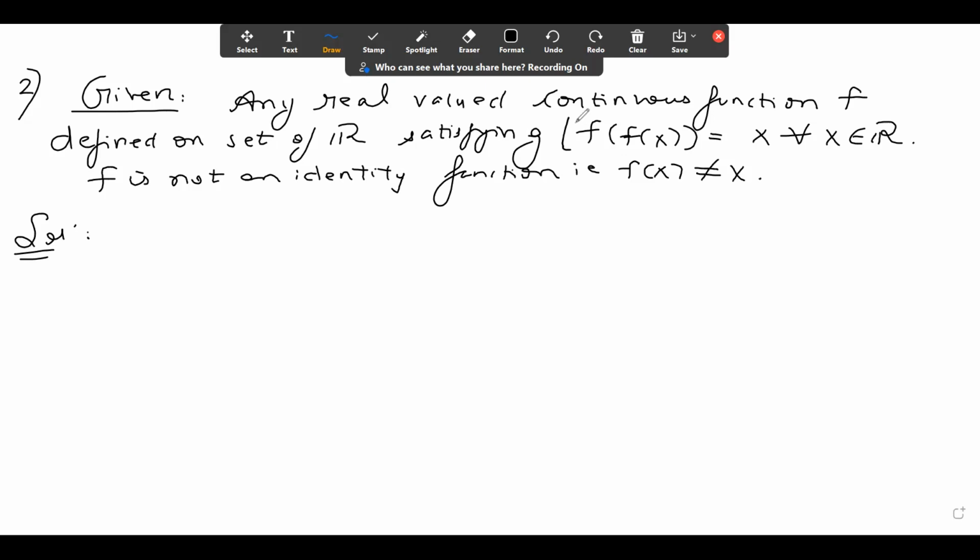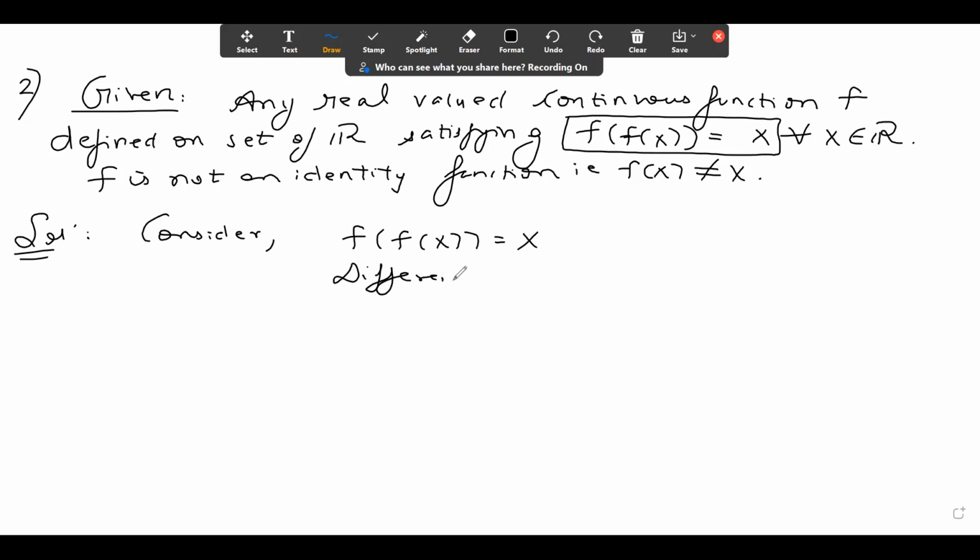So first of all, let's start with the equation which is given to us. Consider f of f of x equal to x. Now guys, in order to look at what kind of function f of x can be other than the identity function, let's first differentiate this and check out the first order derivative. So differentiating the above equation with respect to x, what do I get?